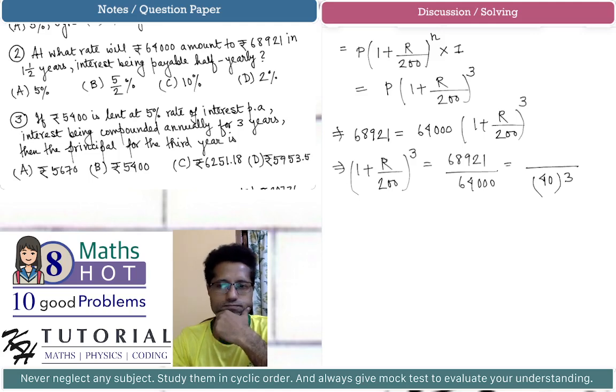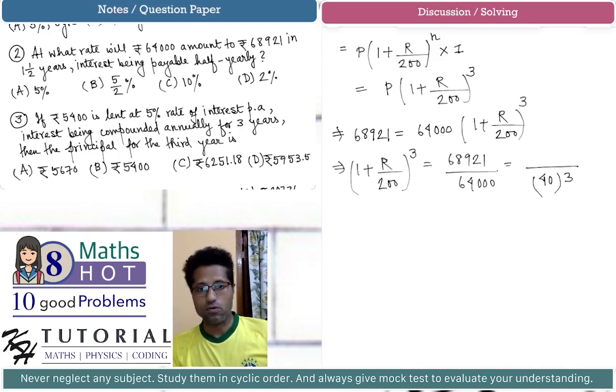What is the cube root of the number 68921? That cube root should end with the digit 1.